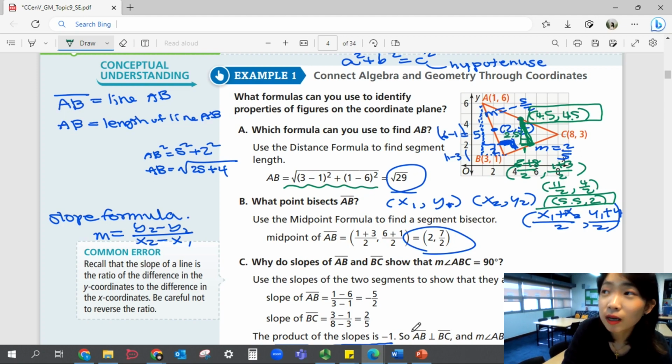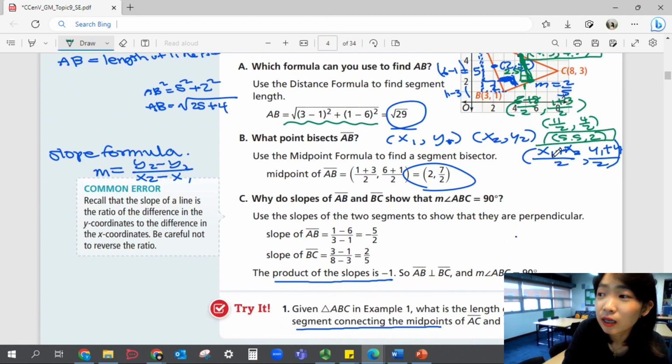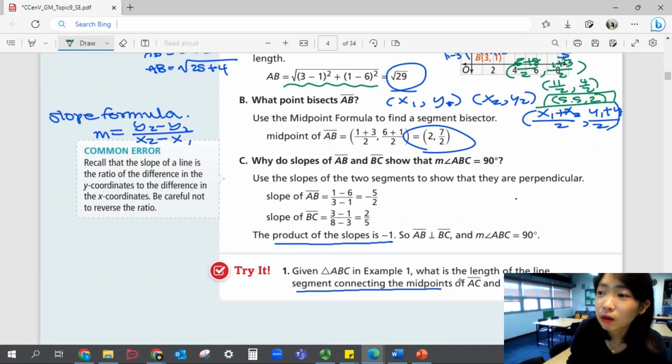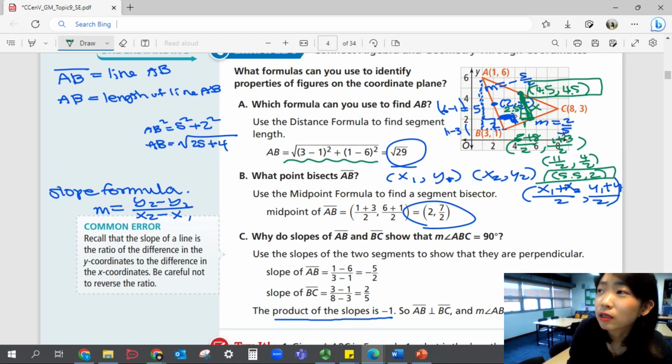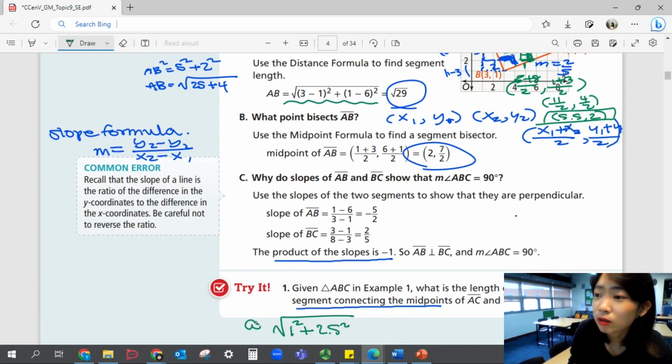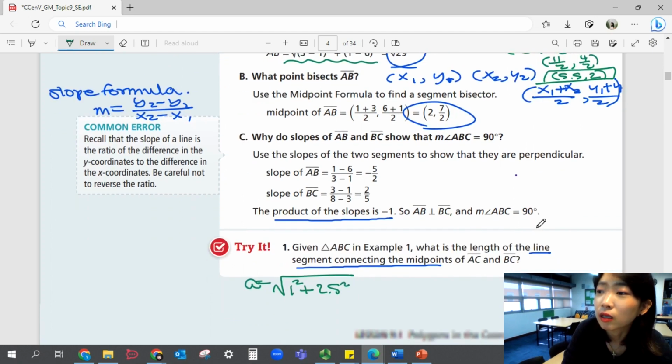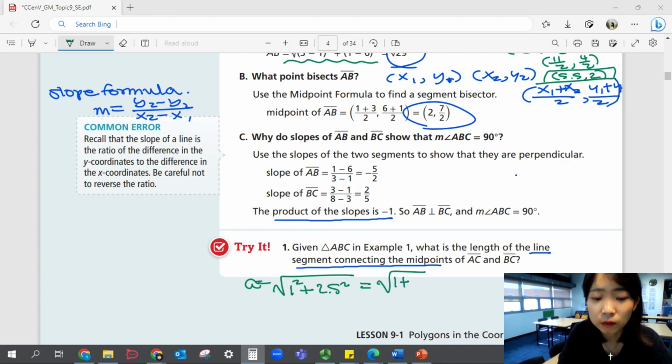Okay, so using the Pythagorean theorem, can you figure out the hypotenuse? Yes, you can. So the length would be the square root of 1 squared plus 2.5 squared. And that we can call x, or let's do a. Okay, so a is equal to that, and that's just 1 plus, what's 2.5 squared? 6.25.